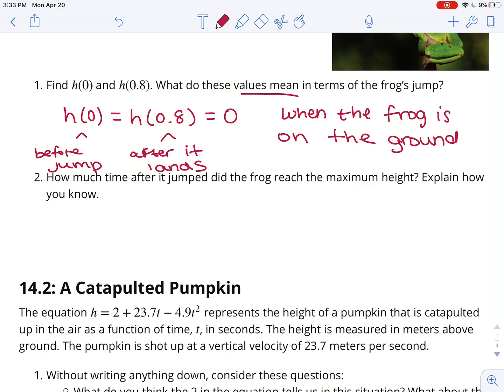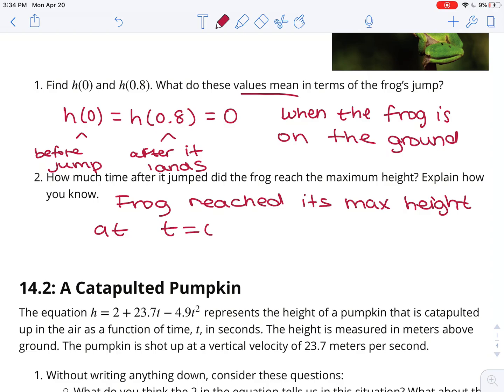Question 2, how much time after it jumped did the frog reach the maximum height? Explain how you know. And so here we can say that the frog reached its maximum height at t equals 0.4, because that is the halfway point between 0 and 0.8.